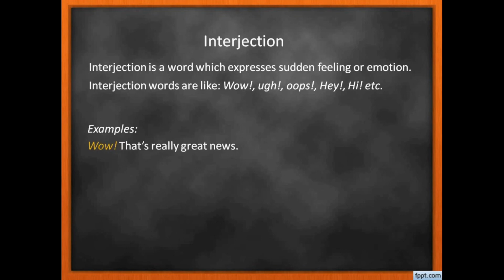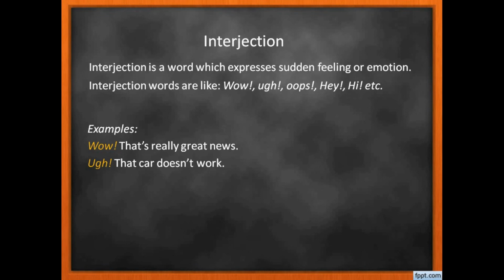Wow is an interjection used for excitement, surprise, or amazement. Now the other interjection is oh. Oh is a word used for frustration. Oh, that car doesn't work. This is a word used for frustration towards a car as it doesn't work.